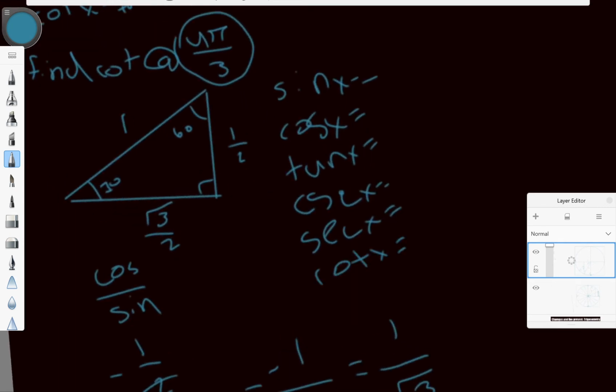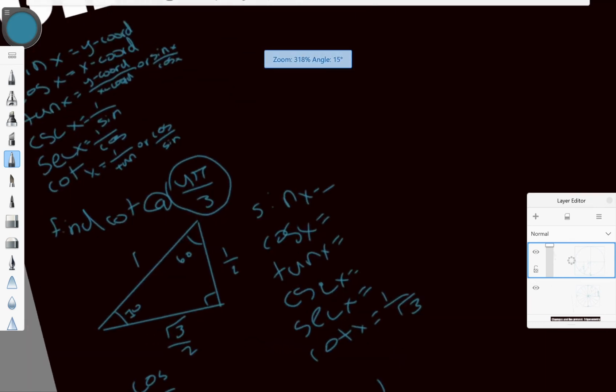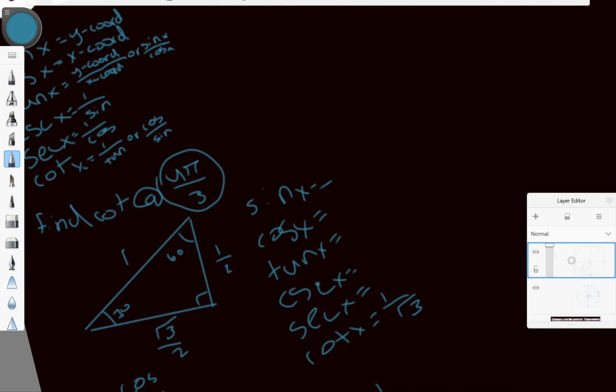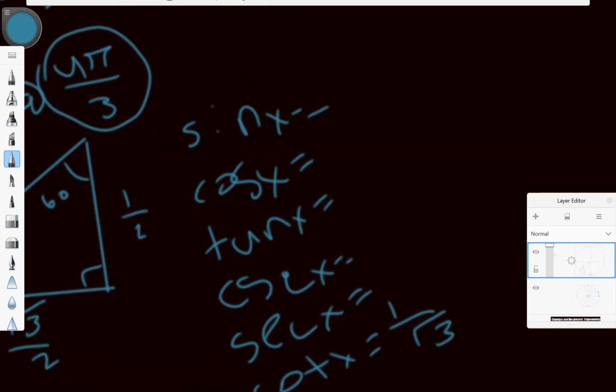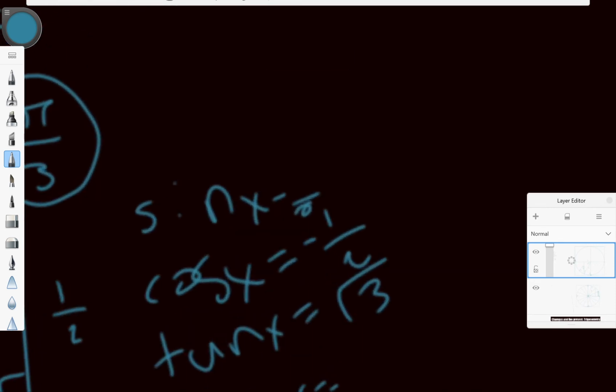We know cotangent is 1 over root 3. Because cotangent is 1 over tangent, that means tangent is 1 over cotangent. So they're the reciprocal of each other. So tangent equals root 3. Cosine is negative 1 over 2. Sine is negative root 3 over 2.